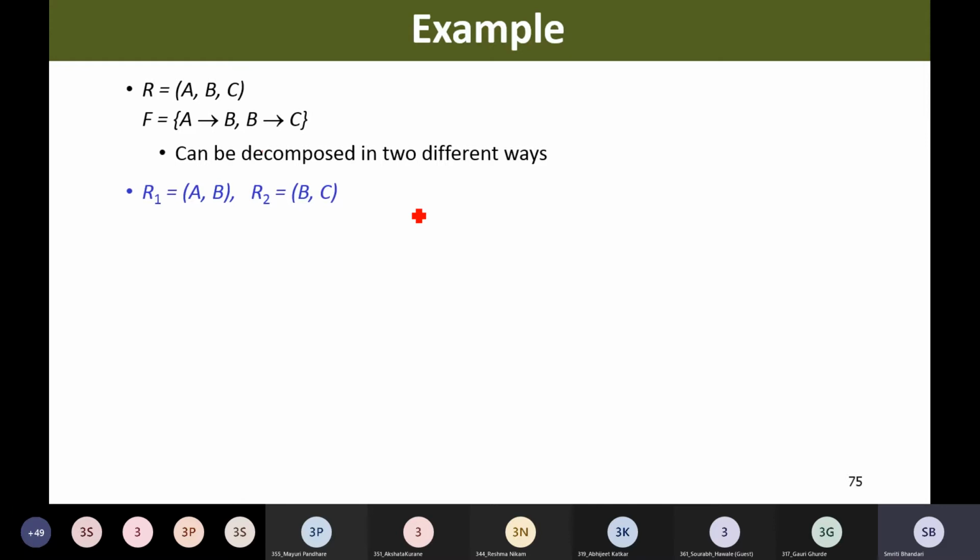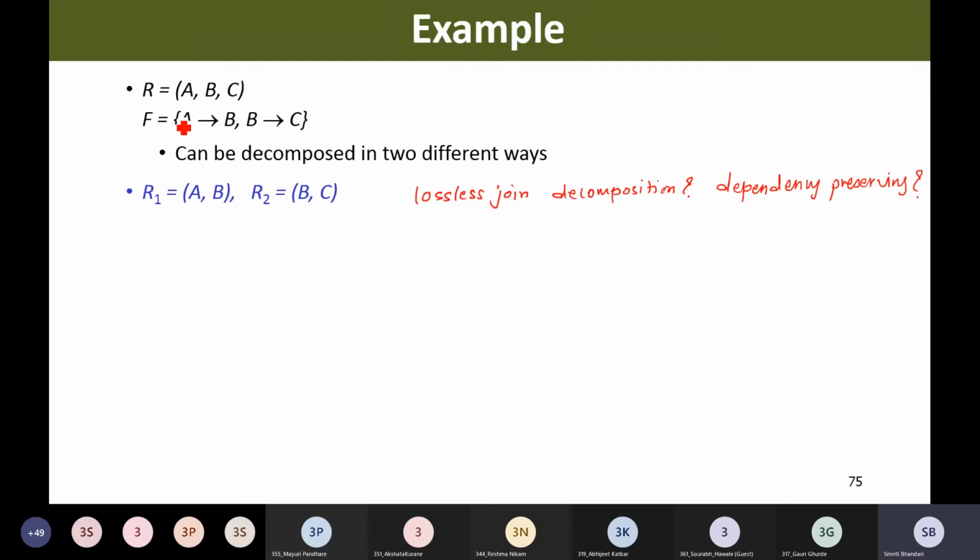Now, let us try to find out whether this decomposition is lossless join decomposition and whether this decomposition is dependency preserving. So we want to answer these two questions.